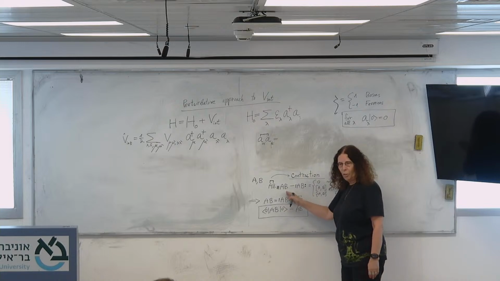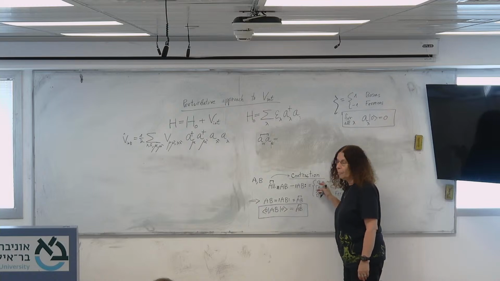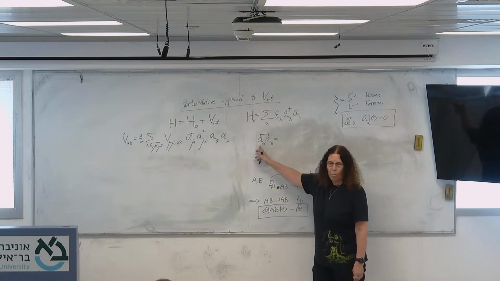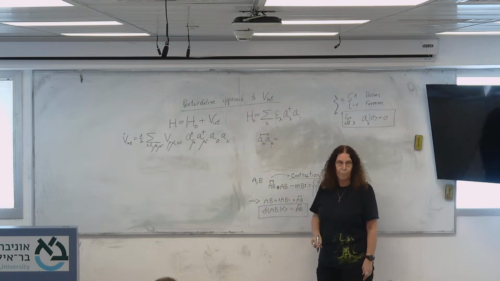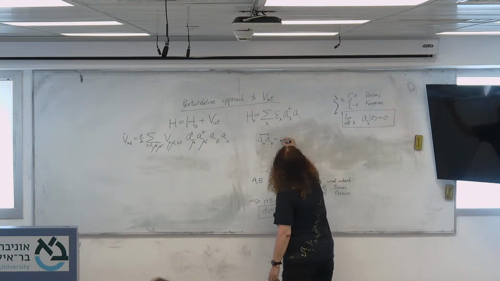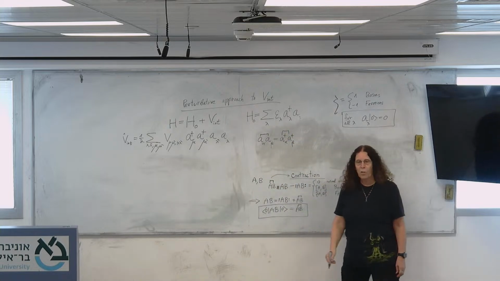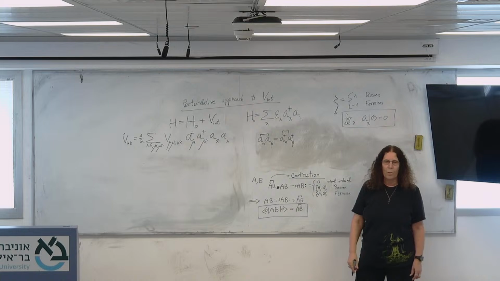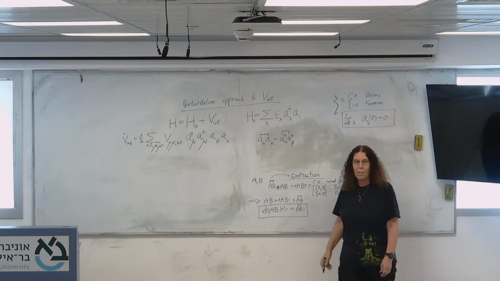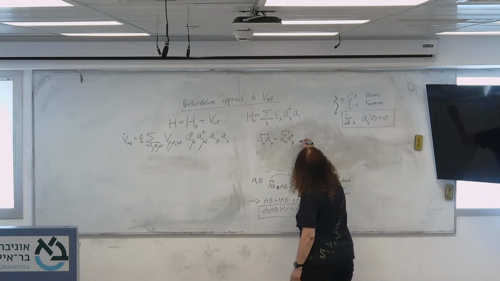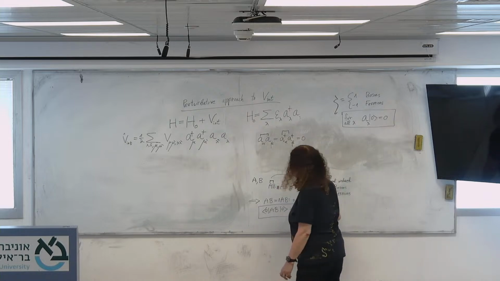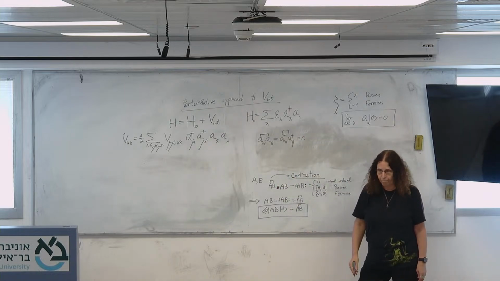If it's already normal ordered, I get 0. This is an example where it's already normal ordered, trivially, right? Because I have only annihilation operators. Similarly, if I have a product of two creation operators, for the reason we said before, this is again the same as its normal order. So both of these give me 0.